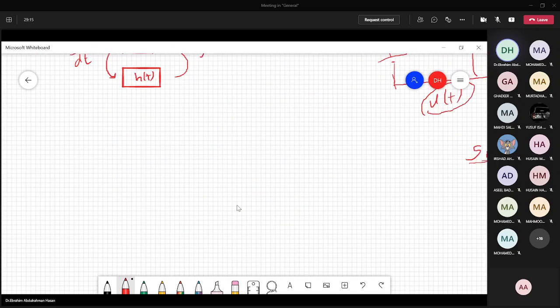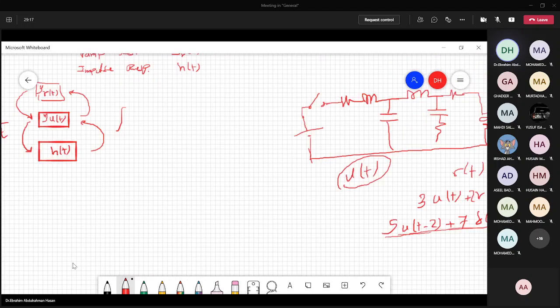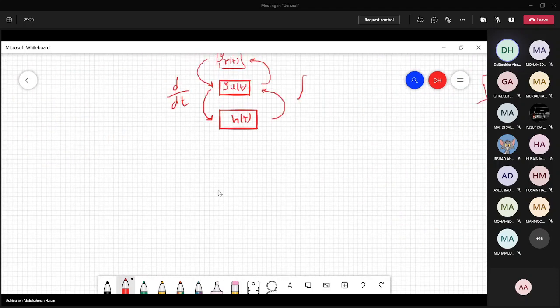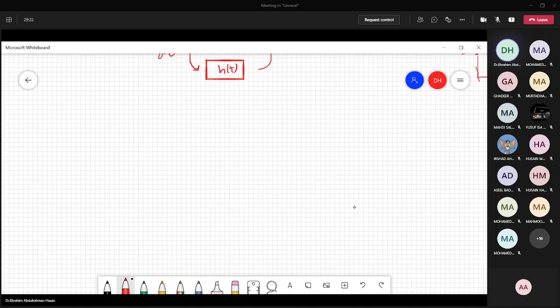So let me say that we solve something like this, and we will get, when the input is equal to u of t, then the solution is equal to 1 minus e to the power of minus t, u of t.